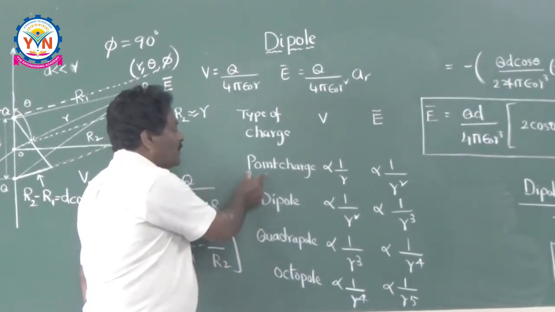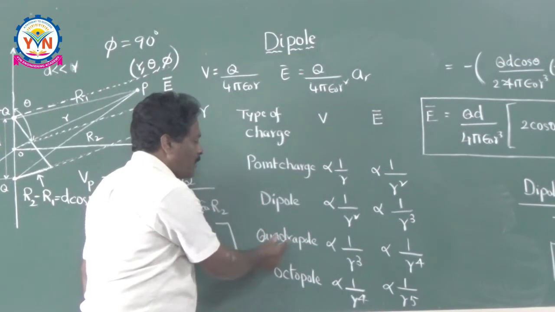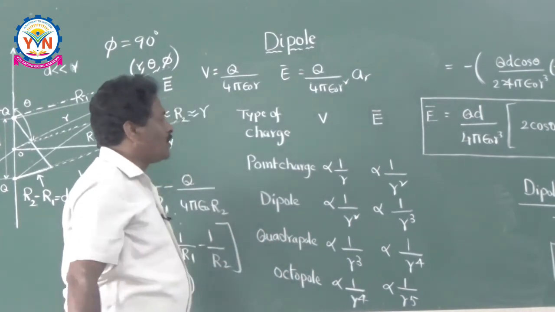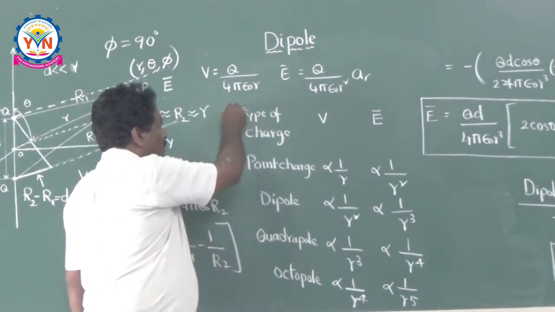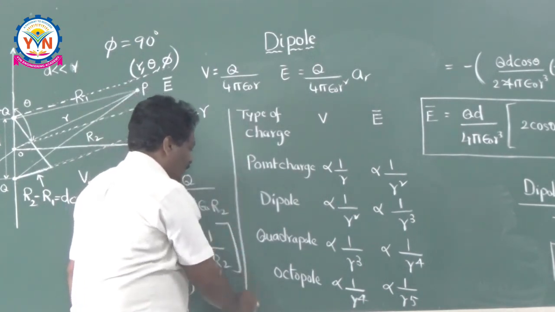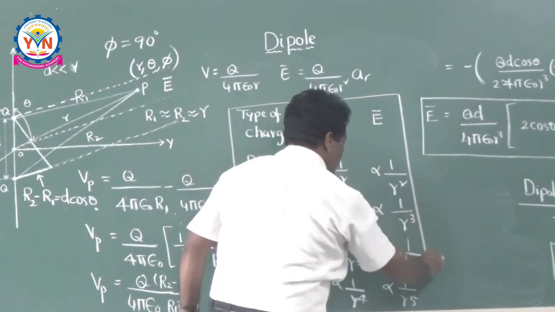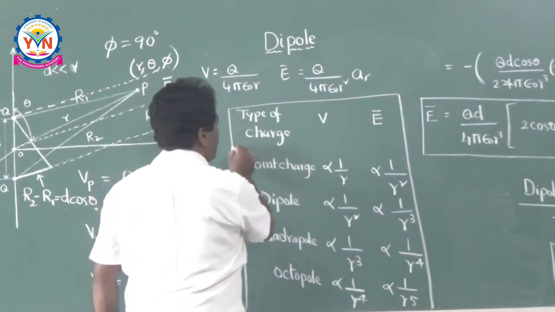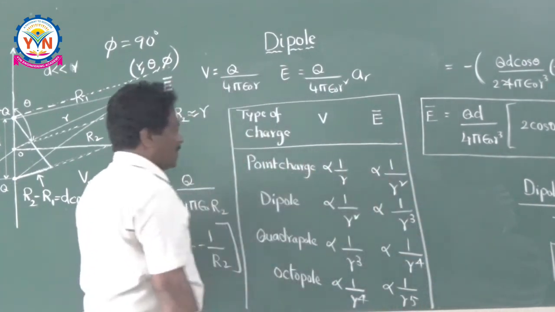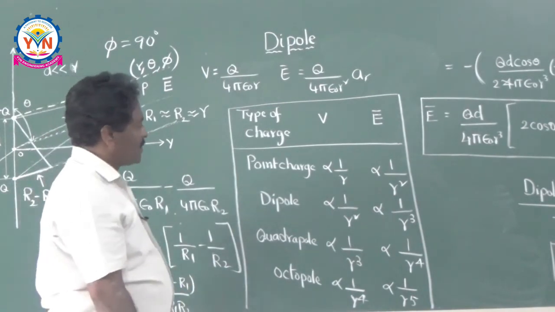Two point charges become a dipole, two dipoles become a quadrupole, two quadrupoles become an octopole. So please try to remember this table for your online as well as competitive examinations. This is the way of writing logically what the potential is for different types of charges.